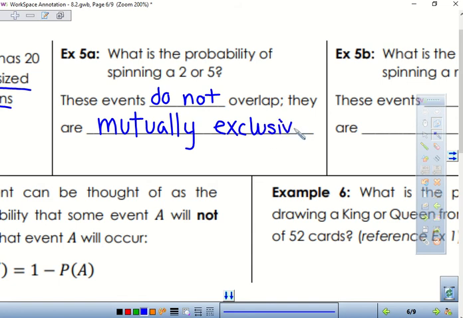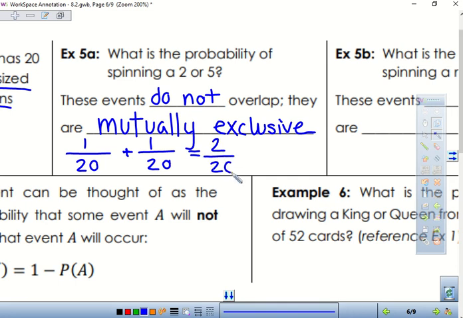And then we're going to calculate this probability. On this wheel, what's the chance of spinning a 2? 1 out of 20. And you're okay with also getting a 5, so plus, what's the chance of getting a 5? Good. So you add the numerators.